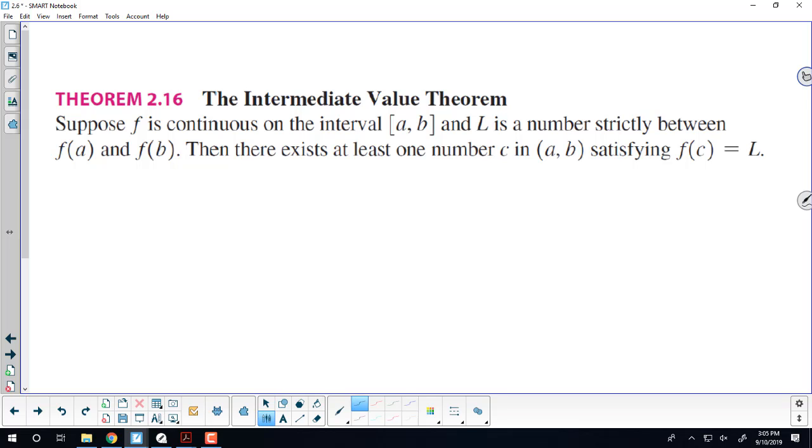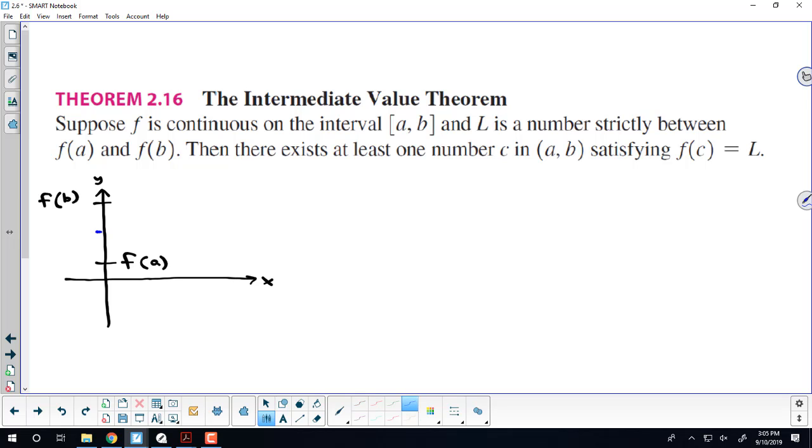If we think about it graphically, let's say we're looking at some function. Notice this theorem doesn't say we know much about the function other than that it's continuous and we know these two y values. So for argument's sake, here is f(a), and here is f(b).